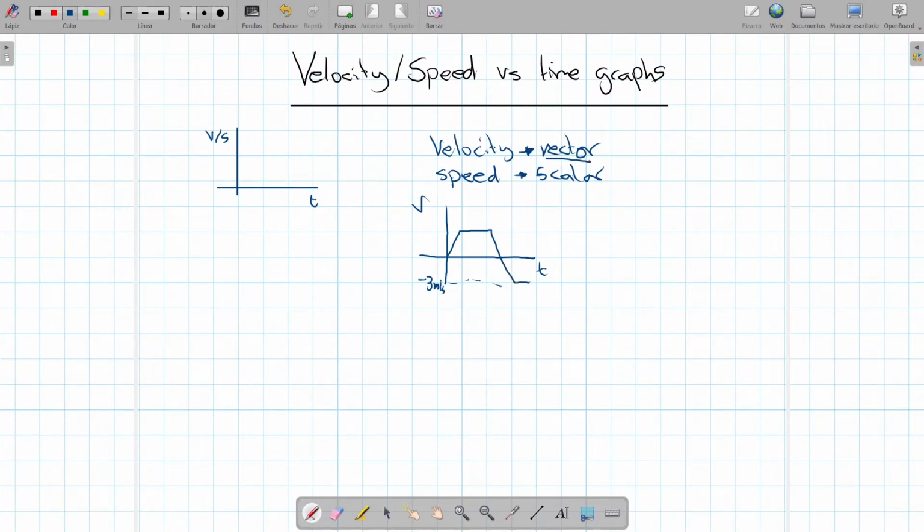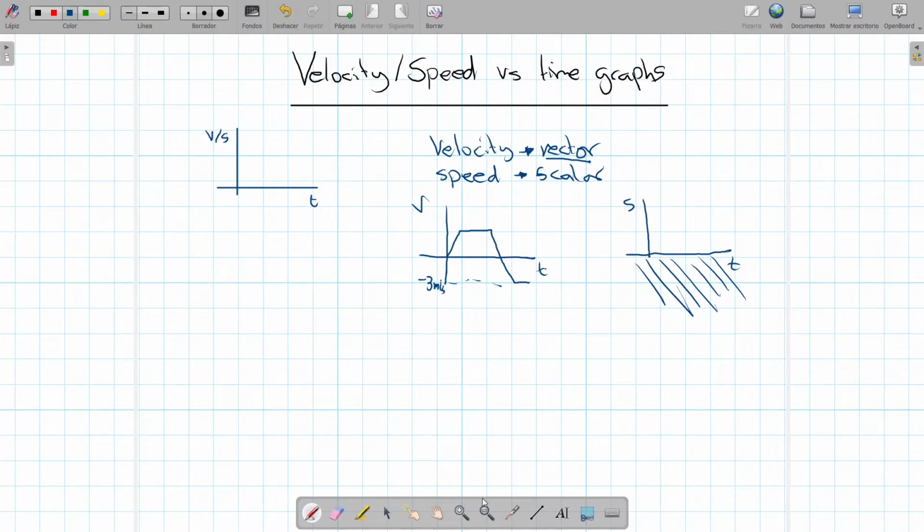Because remember that vectors have a direction. Whereas if we're having speed versus time graphs, we are never going to have anything in the negative part of the y-axis.